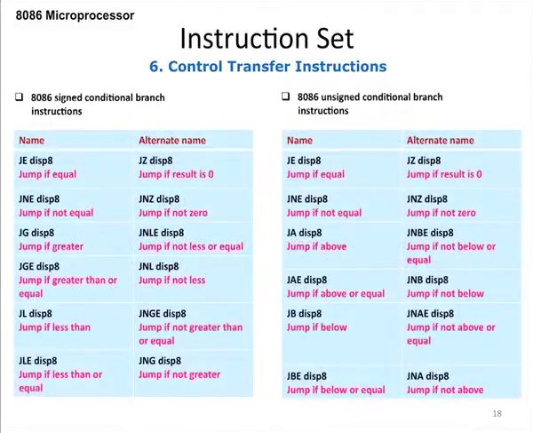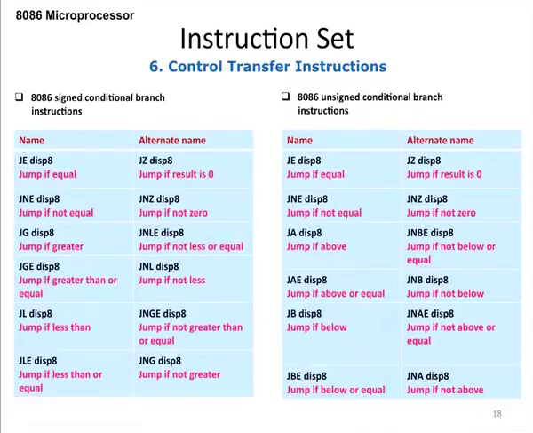The various control transfer instructions available in 8086 microprocessor are JE address, JZ address, JNE, JNZ, JG address, JNLE address, JGE address, JNL address, JL address, JNGE address, JLE address, JNG address.